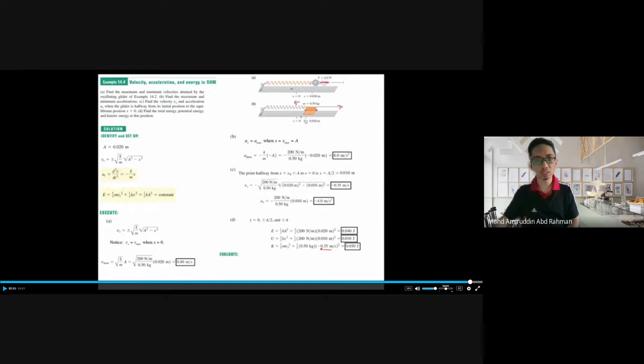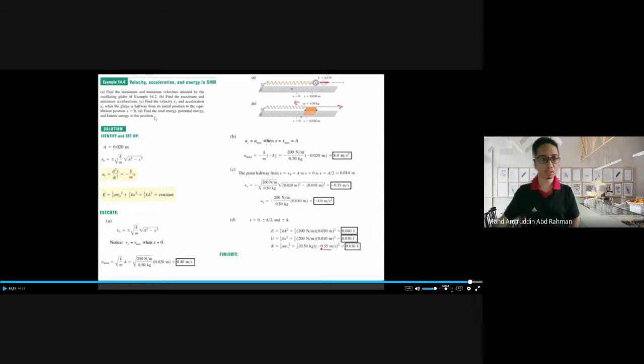The total amplitude is 0.02, so halfway of that is 0.01. Once we have that, we can calculate our Vx and similarly our Ax.